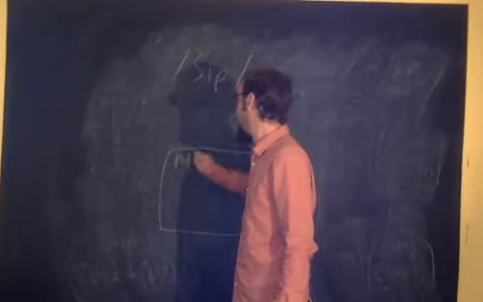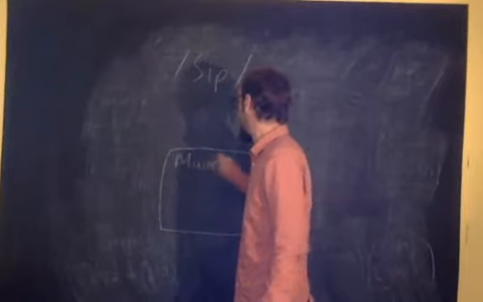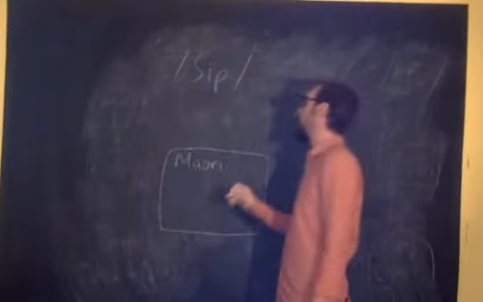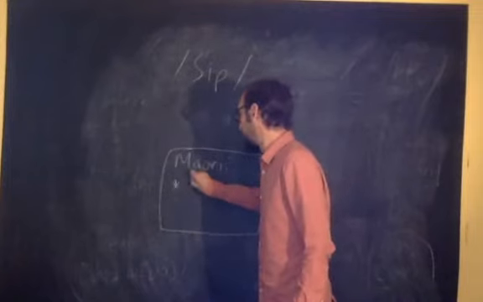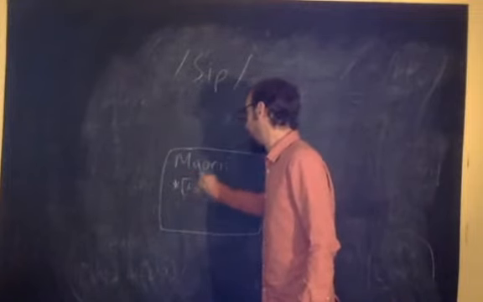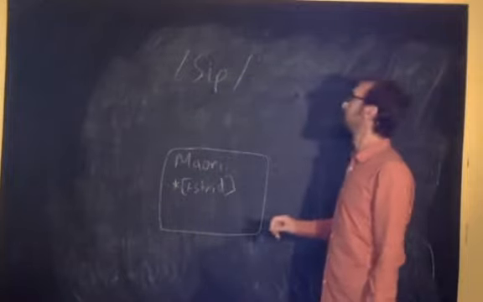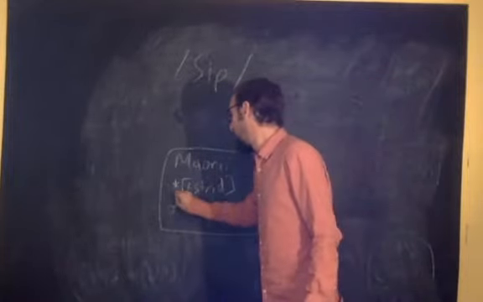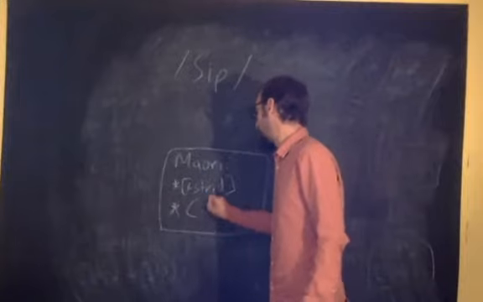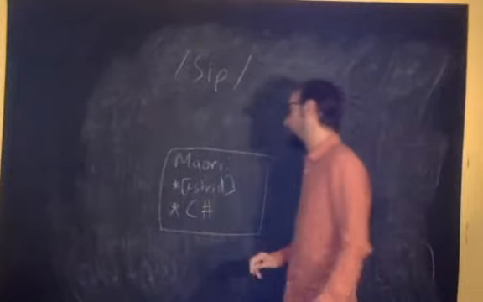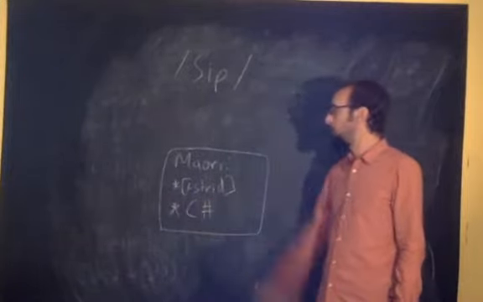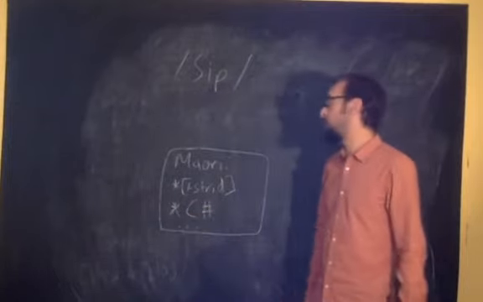So in the Maori example, relevant constraints here: don't have stridents, don't have consonants at the end of a word, and so on and so forth. So there's going to be a long list of Maori constraints.